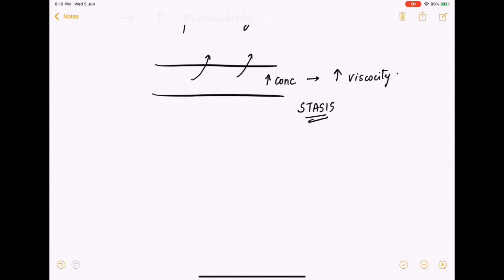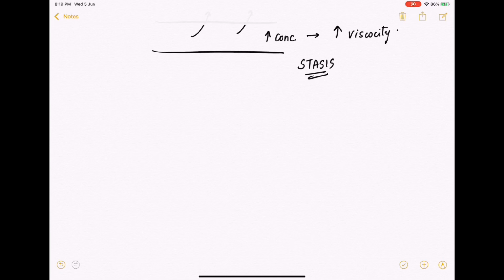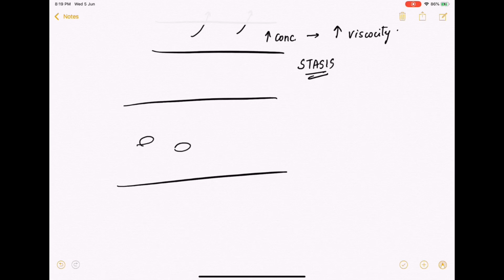Now, because of this alteration in the hemodynamics, there is disruption of the laminar blood flow. Now, what is laminar blood flow? Let's say this is a blood vessel and we have the WBCs going around in the center, as they're the largest cells there. Peripheral to them, we see the RBCs, the red cells, peripherally.